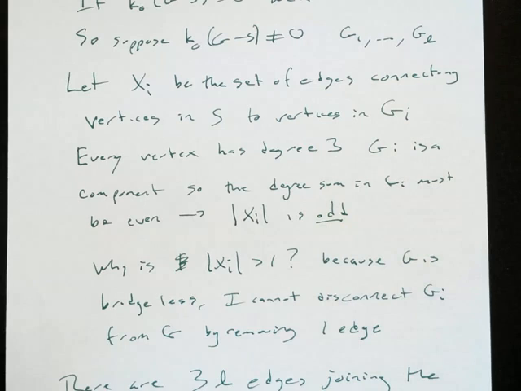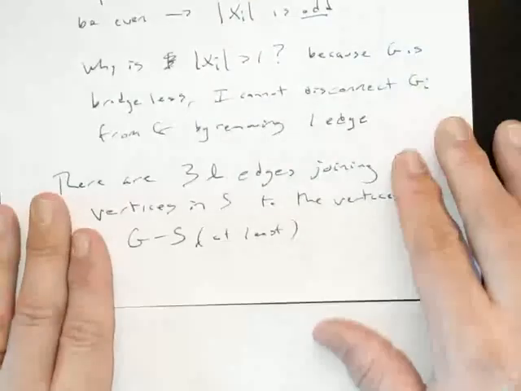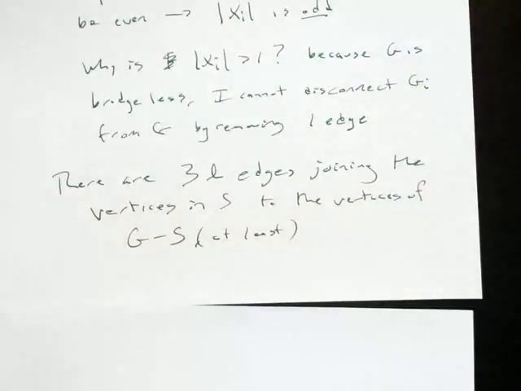I've only counted edges that are connected to odd components. There could also be even components, couldn't there? And that means there are at least 3L edges joining the Gi's vertices in S to the vertices of G minus S. But there could also be edges going off to the even components. I didn't even look at those.